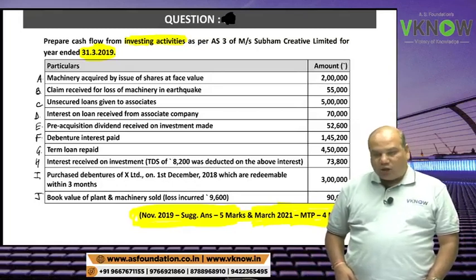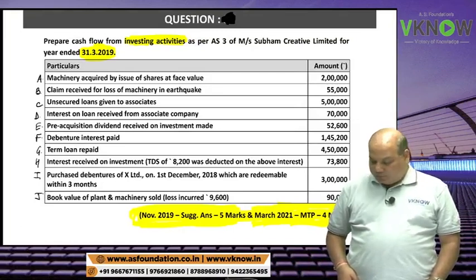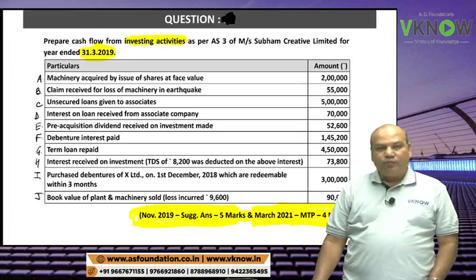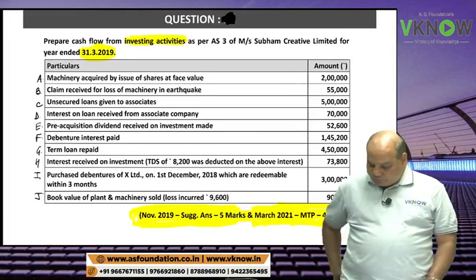Point G, term loan repaid will be 4,50,000.